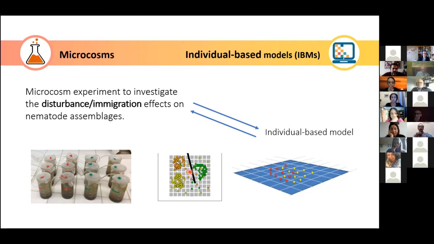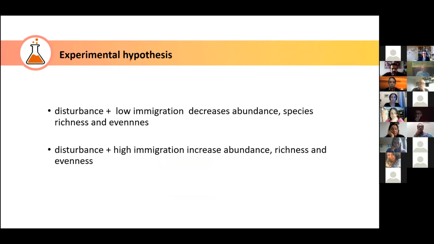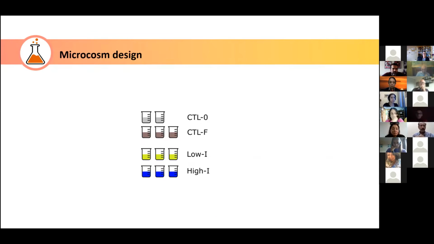Immigration, on the other hand, acts in the opposite direction, preventing the local extinction of species. So we established a very simple hypothesis: disturbance decreases abundance, species richness, and evenness under low immigration rates, but under high immigration rates, we increase abundance, richness, and evenness. This was our experimental hypothesis.